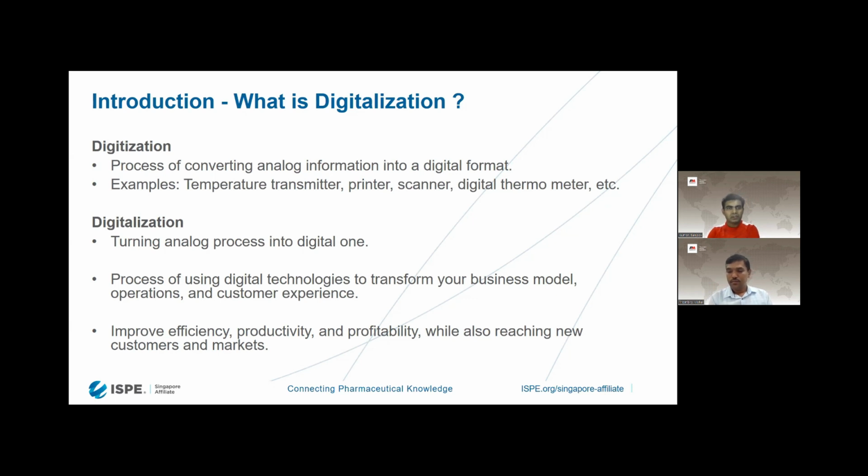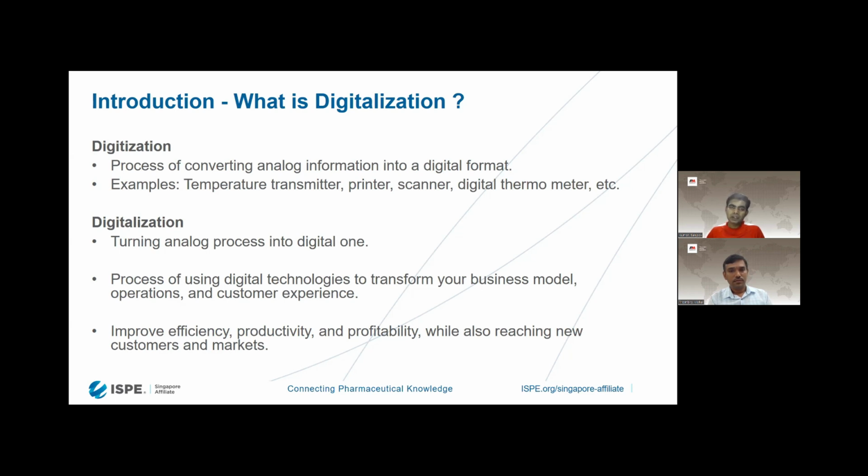Digitization is a word which is probably not very commonly used in our day-to-day life, but digitalization is quite commonly used by everyone. So what is digitization? Since digitalization comes from digitization, I'll take that first.